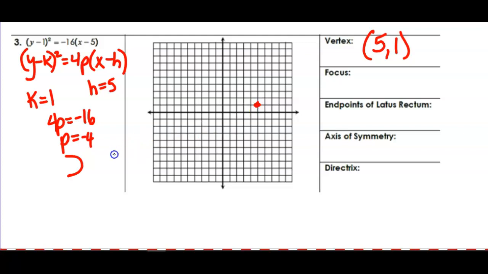All right. The focus, p is negative 4. So the focus is 4 units in the negative direction. And remember, this one was going sideways. So the focus is over here at 1, 1. The directrix will be back this way, 1, 2, 3, 4 points.